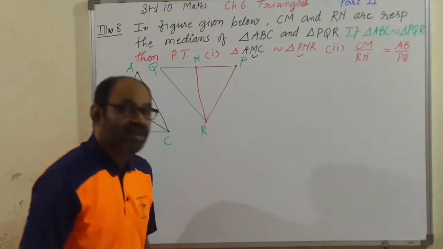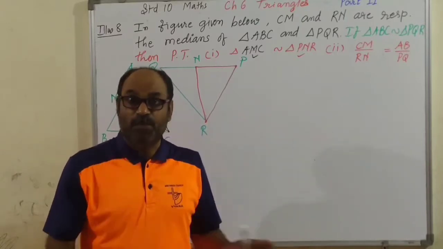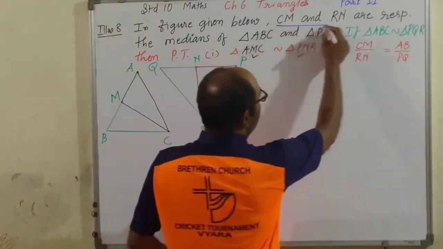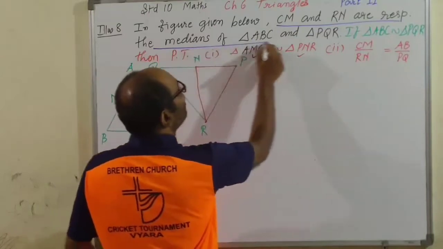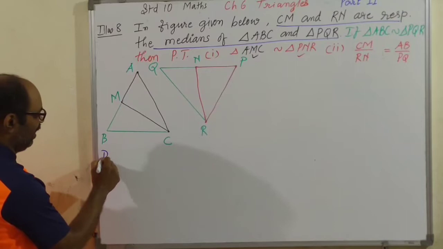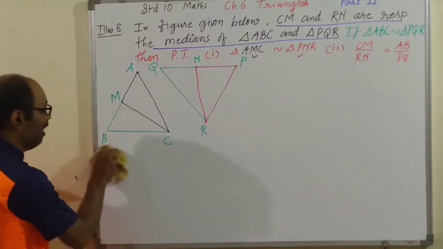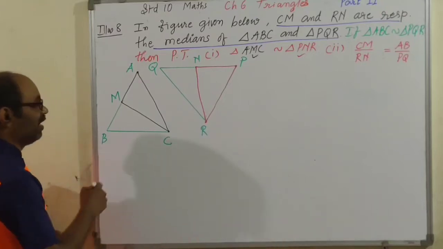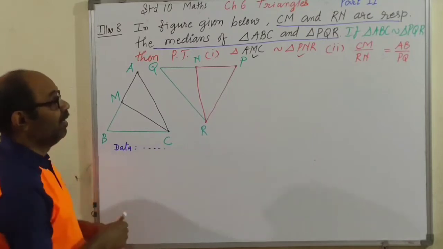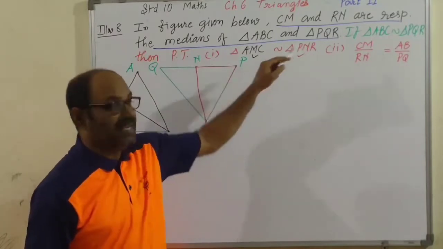Now please, all the given conditions we have to exploit nicely. What is the first thing given? CM and RN are medians of triangle ABC and triangle PQR. Children, I am not writing data because I am not having enough space, but I will just say data. CM and RN are respectively the medians of triangle ABC and triangle PQR.